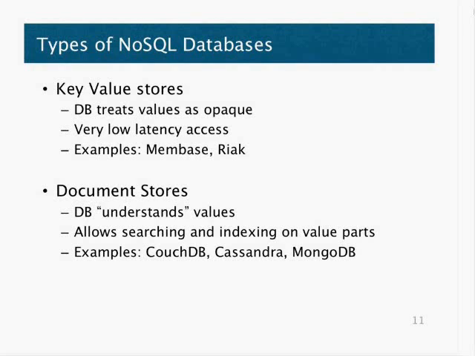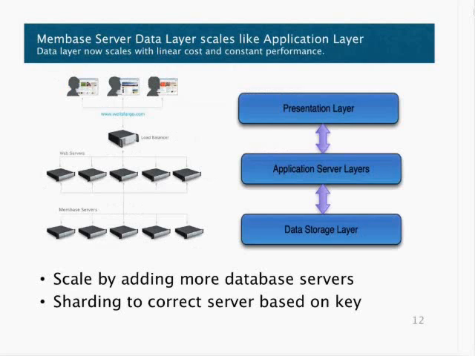So, with these types of NoSQL databases, you can now scale the data layer just the same way as you've scaled the application layer. What we see on this graph now is that underneath the application layer, rather than having a monolithic big single server database, you now have an equal tier of data storage servers that equally can be added to and removed from as needed.